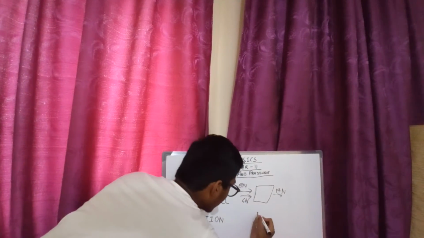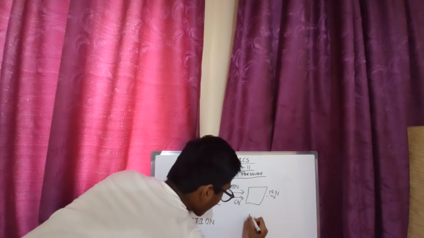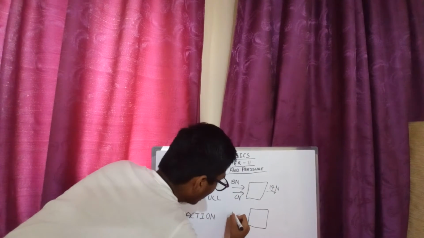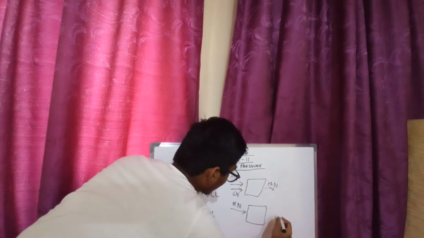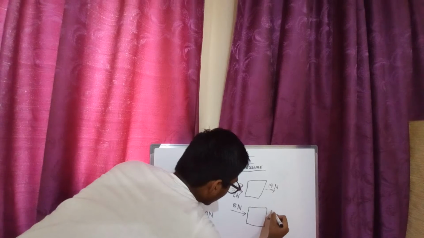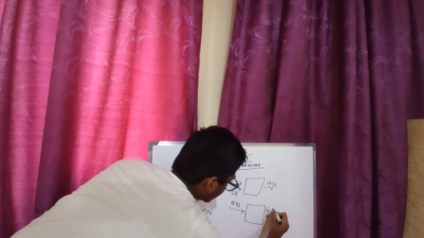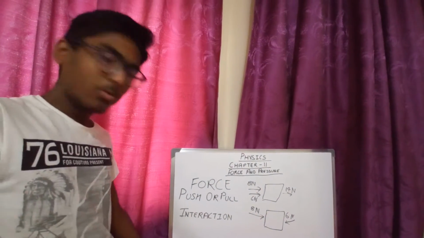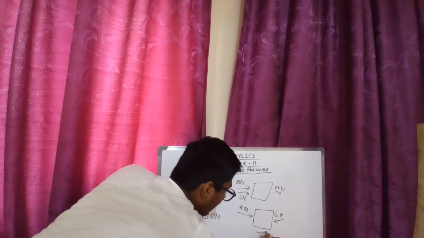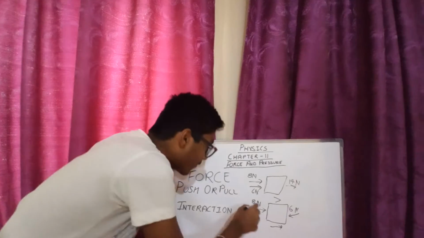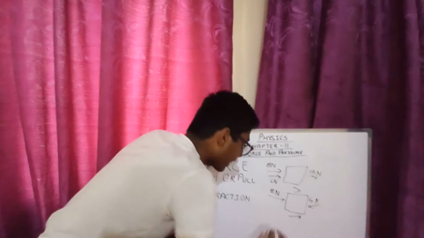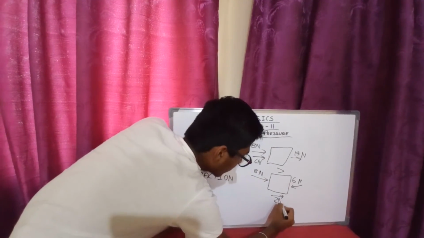Now, in the other case, you take here 8 newtons and here 6 newtons. So where is it going to move? It's going to move this side. Why? Because 8 is greater than 6 newtons and the force is acting to the right side, so it will go right side. By how much force? 2 newtons.